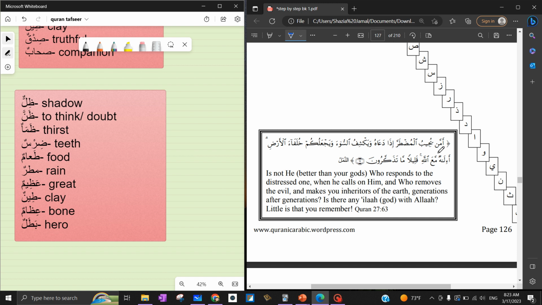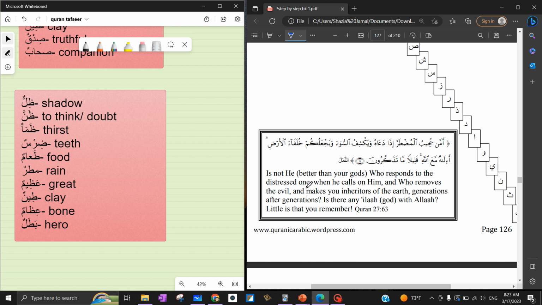So this is how you pronounce each and every letter in Arabic. Otherwise, the meanings change here. What is the meaning of this line? Is not he better than your gods? Allah subhanahu wa ta'ala is saying, isn't he better than all the gods that you pray to? Who responds to the distressed one?